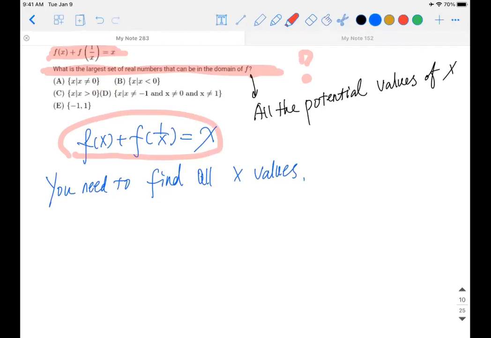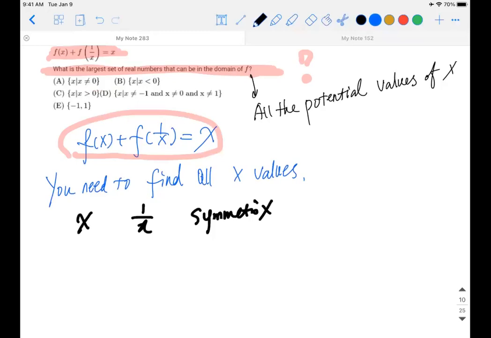Is that right? Symmetric means you can replace x using 1 over x, or you can replace 1 over x using x. So these two numbers have the same position in the entire expression.